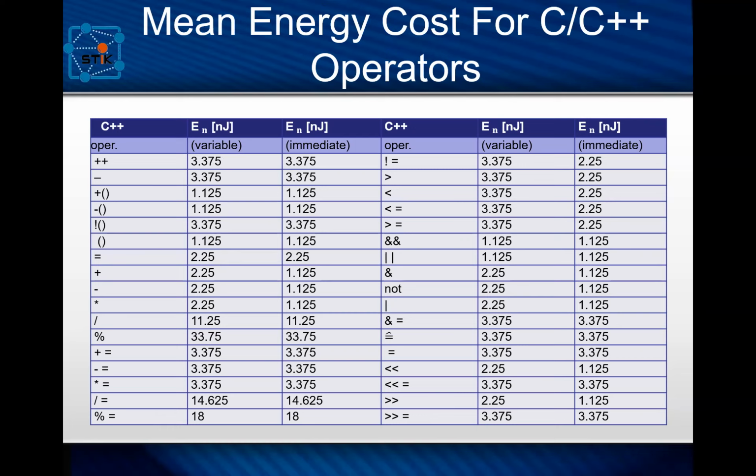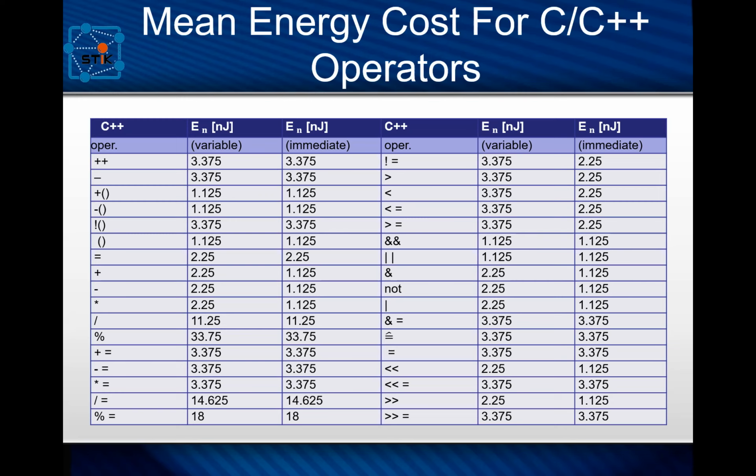The table shows a comparison of individual operations with energy expressed, of course, in nanojoules. One operation consumes a very small piece of energy, so it is expressed in nanojoules.